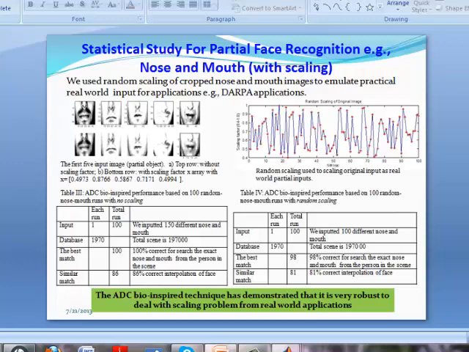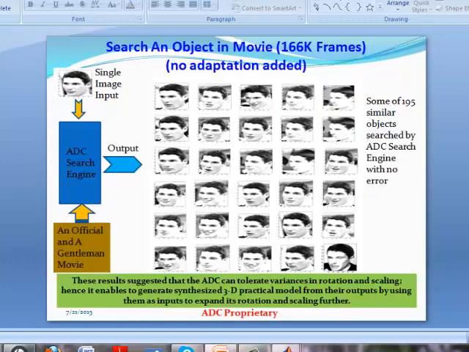In order to show you how it performs with more data, we don't have a big database, so what we use is a movie to demonstrate how well our algorithm deals with a big database. Here is the movie An Officer and a Gentleman. I just extract randomly one face of Richard Gere. He is a single input, only single.